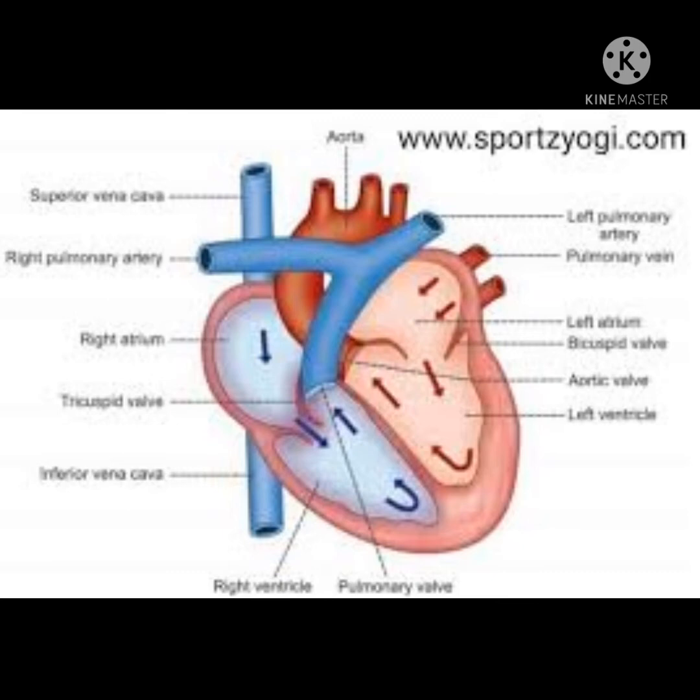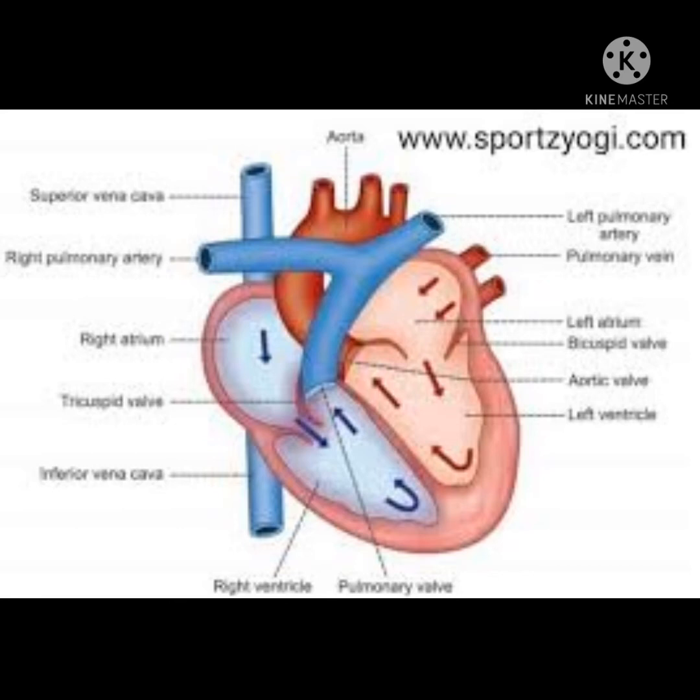AVN means atrioventricular node. The second one is also situated in the atrium, the upper part, that is the SAN, the sino-atrial node. Have you got it? I think you will. Okay, let's proceed further.